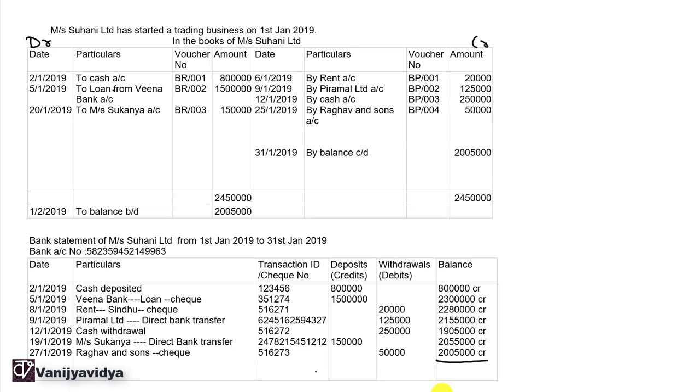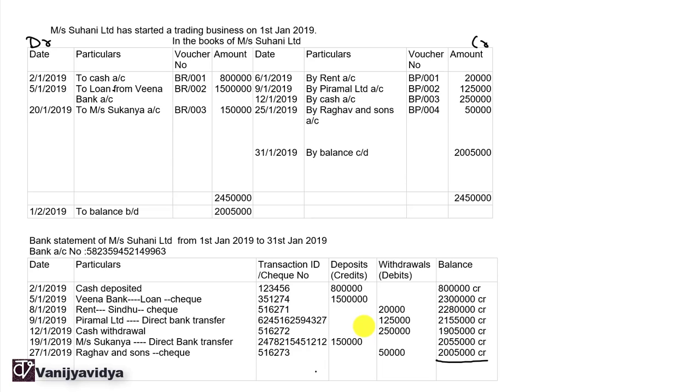Now, this was a simple example wherein whatever transactions are present in your bank account as per books, the same transactions are present in the bank statement. But practically, this is not the case. If you take bank account as on a specific date and a bank statement as on a specific date, there will be some differences.